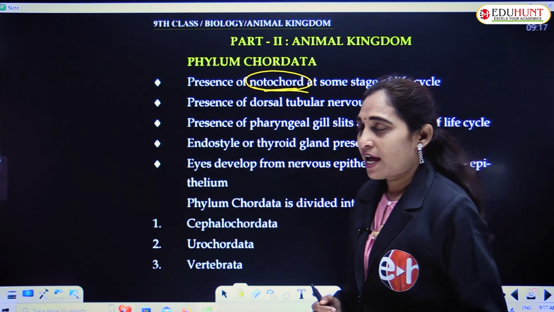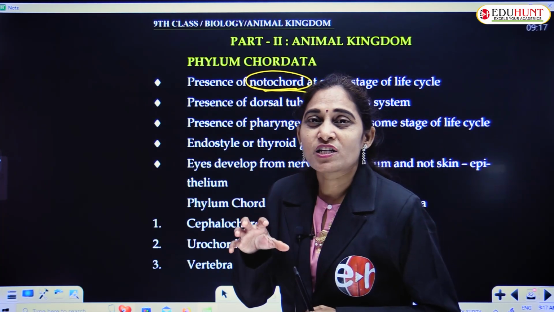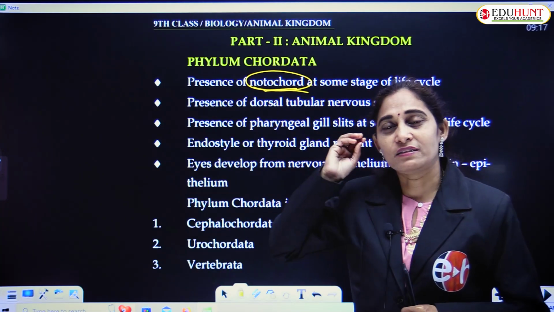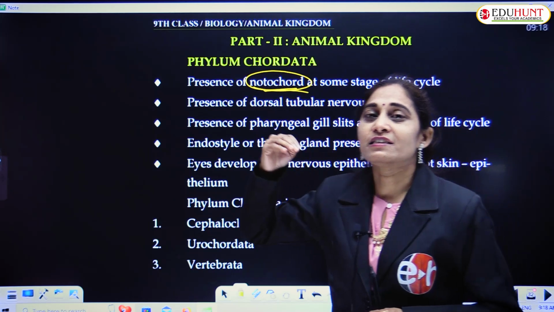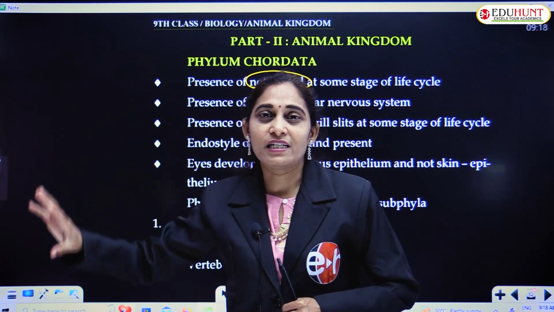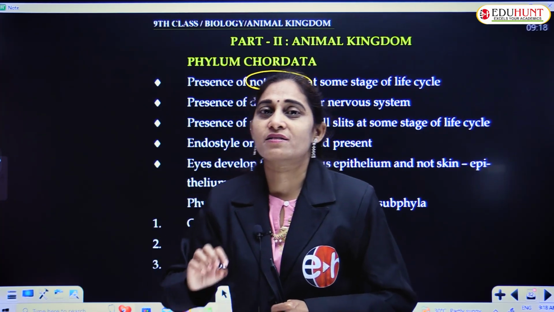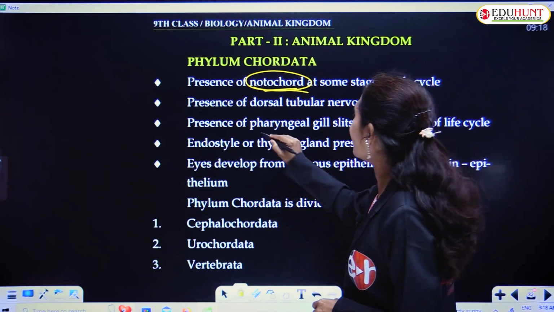In the same way as we have seen in the case of notochord, during development, right from the embryonic stage till the transformation to adult form, at least one phase should possess these pharyngeal gill slits.